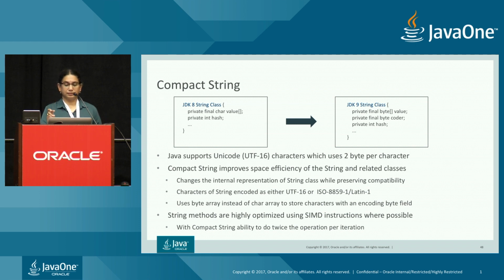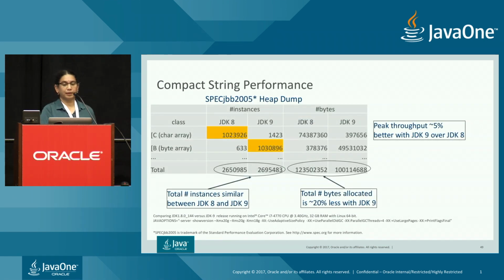There is some overhead to check each element and inflate the string if needed. Both the reduced memory size, which improves garbage collection performance, and the ability to do double the operations give benefit to the applications.